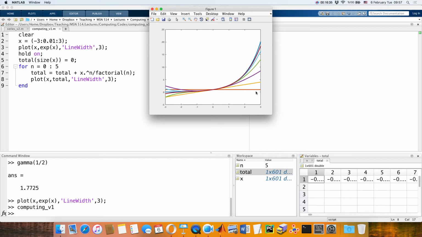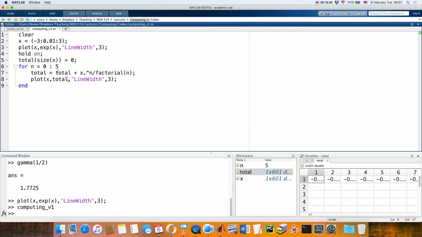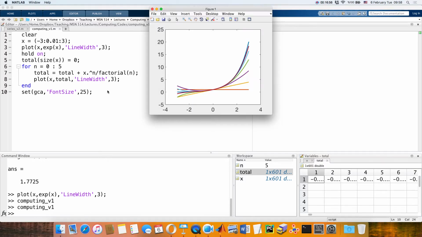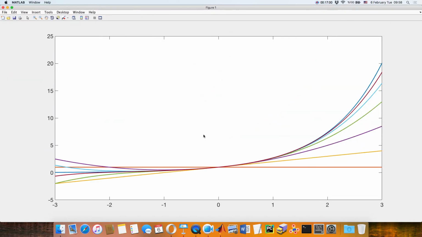So if I run this, I will get many curves, but I don't understand what they mean, right? First of all, I don't like that these numbers are so small. So what I can do is set gca. I still don't know what it means, but it works. Do you see?